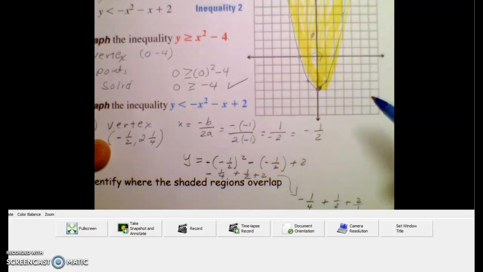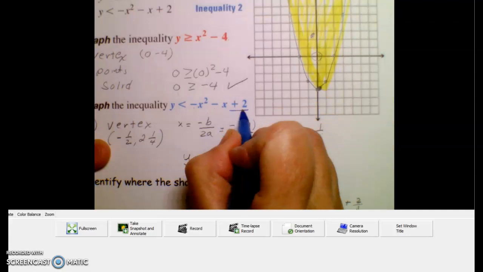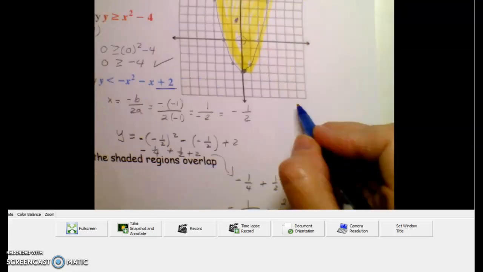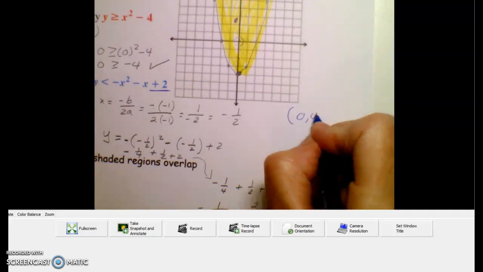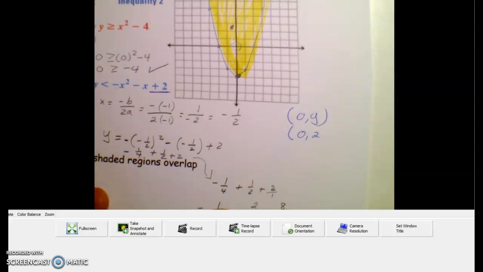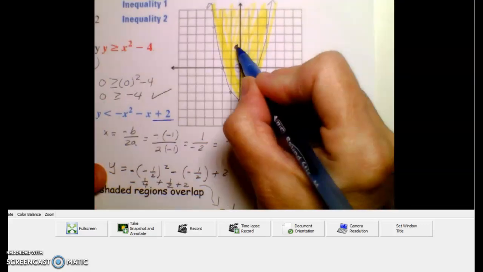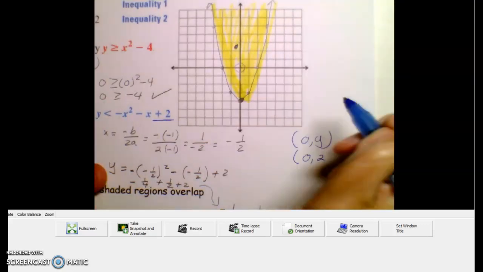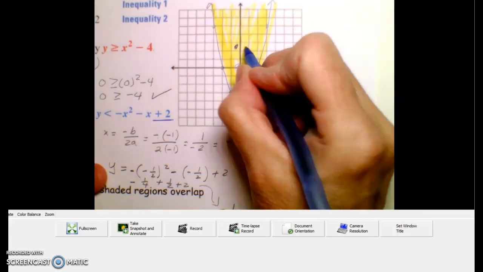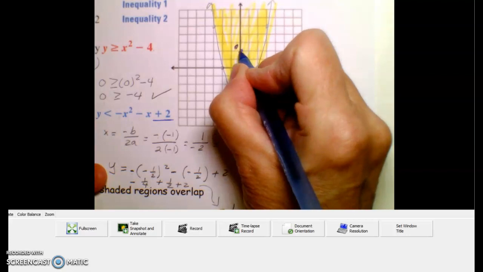Now we need to find 2 points on either side. Well, the easiest point to find is the y-intercept. Remember, the y-intercept is the point 0, y. So in this case, it is 0, 2. So if this is my vertex, 0, 2 is right there, right beside it.